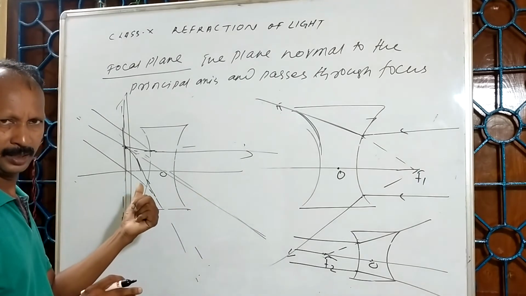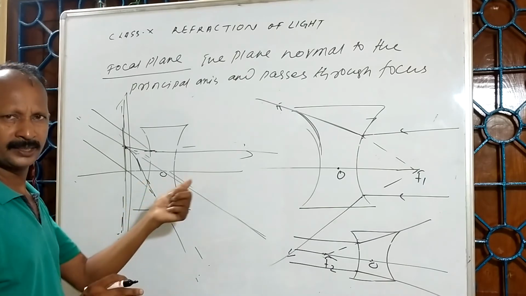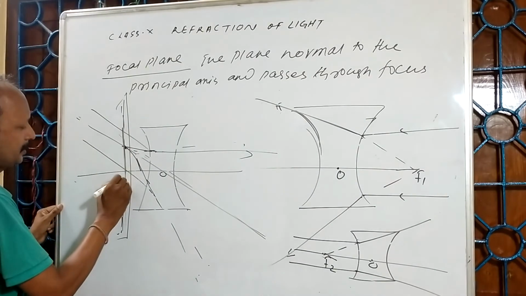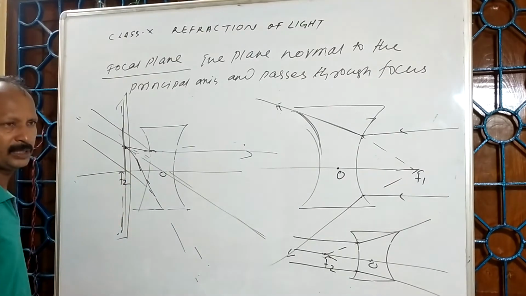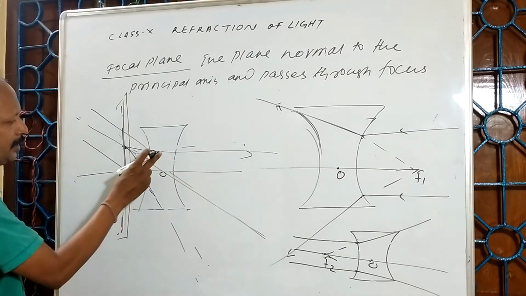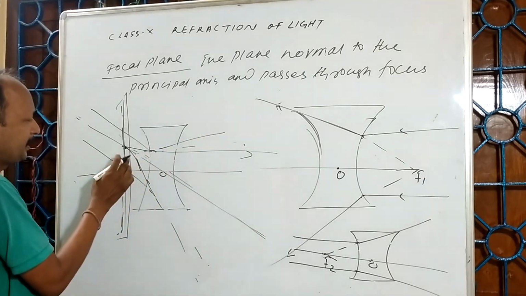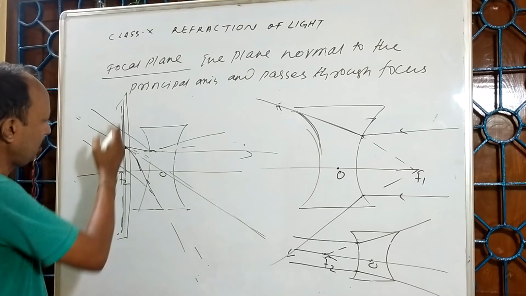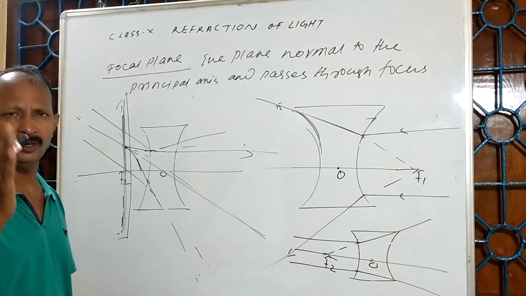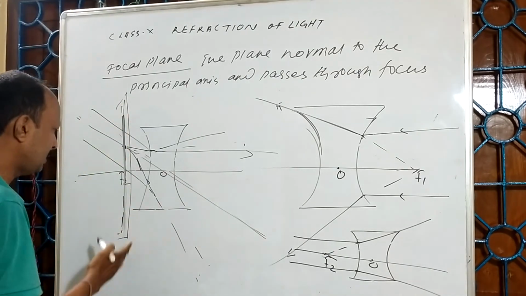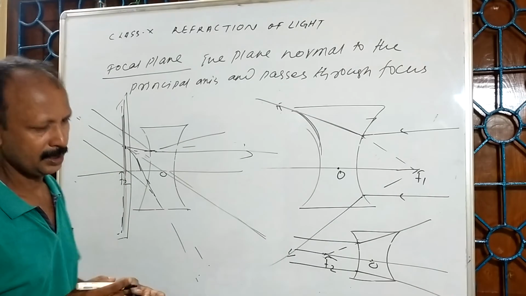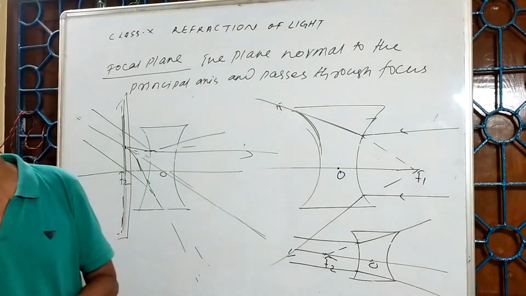But here right side is F1, left side is F2. This point is actually F2. So these refracted rays will meet at a point on the focal plane, the plane which is normal to the principal axis and passes through the focus. That is called the focal plane.